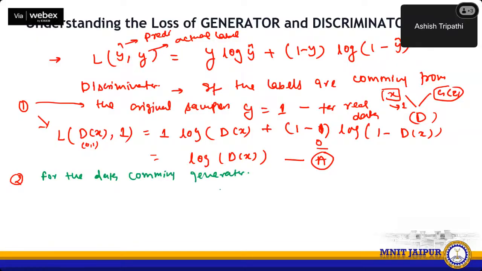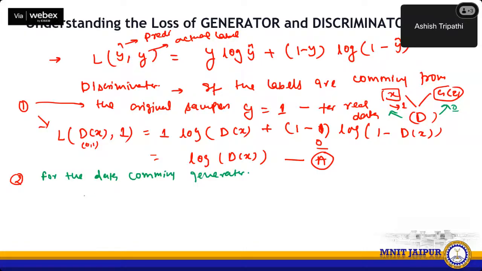Again and again, I'm telling you that the discriminator is going to get data from the real samples as well as from the generator. So in both cases, the actual labels will be different. For the real samples, the actual label will be 1, and for the generated samples, the actual label will be 0. Got it?